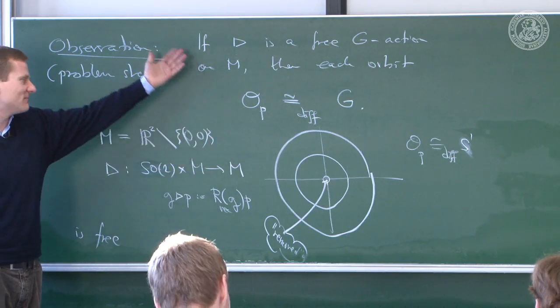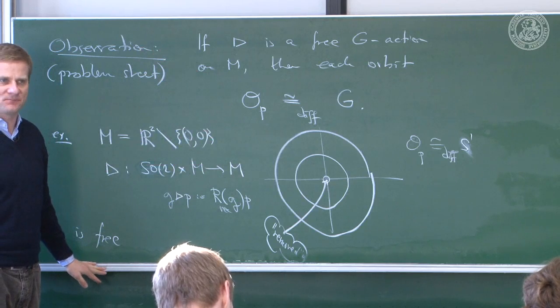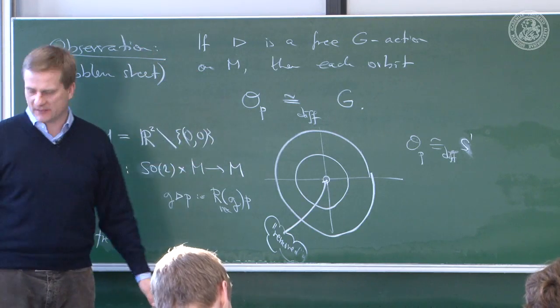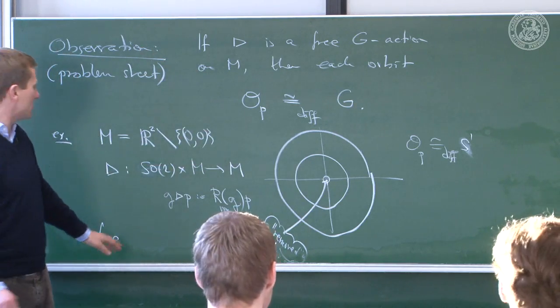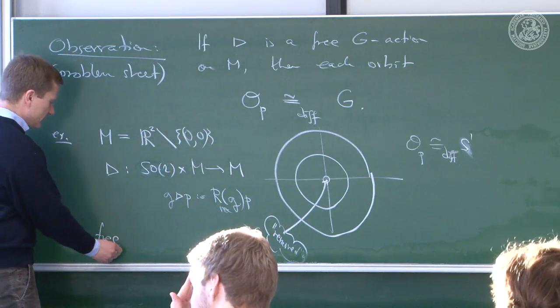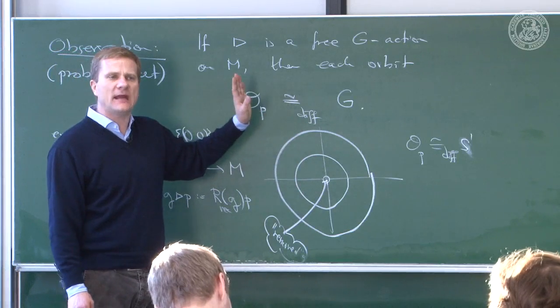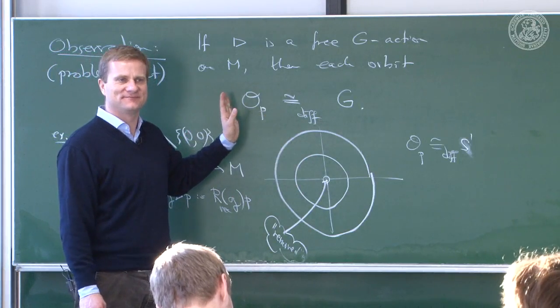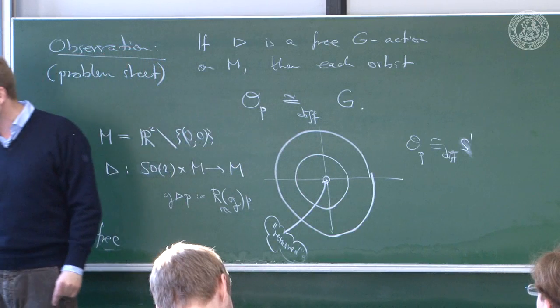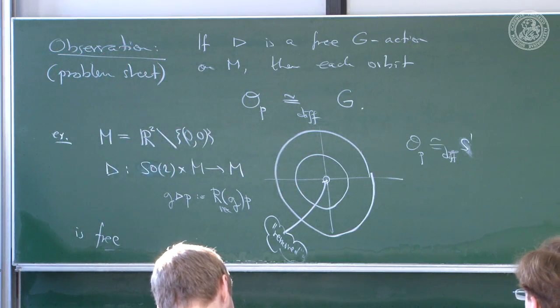It's child's play. Very simple. And that's one of the purposes of considering free actions: you know immediately that for a free action the orbits are isomorphic to the group.